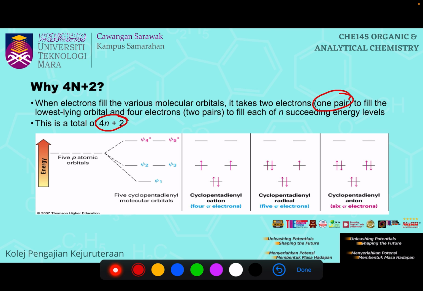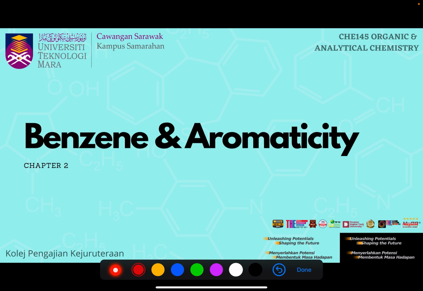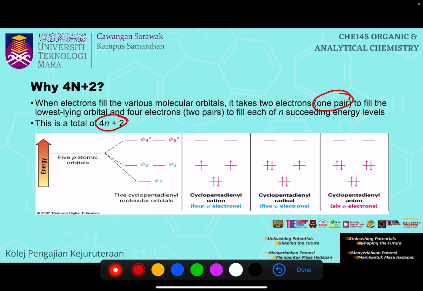This is a bit of explanation of why 4n plus 2. It is just a little extra information on why Hückel's rule is 4n plus 2 and not, say, 6n plus 2. We didn't just come up with it as we like; it comes from findings, so it is definitely only 4n plus 2.